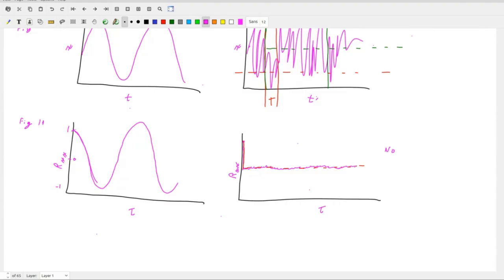So there's no way to predict. It's like GameStop stock, right? Has no correlation to what was before or after. That makes sense? So at least conceptually, I hope that makes sense. And then this is in time, and this is in tau, right?